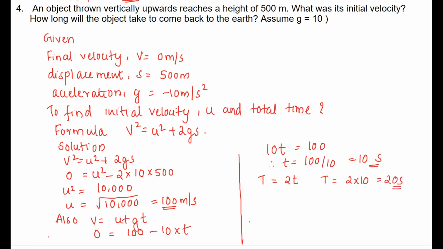So we got the value of initial velocity as U is equal to 100 meter per second. This is the initial velocity and total time taken by the object we got 20 seconds. That is T is equal to 20 seconds.